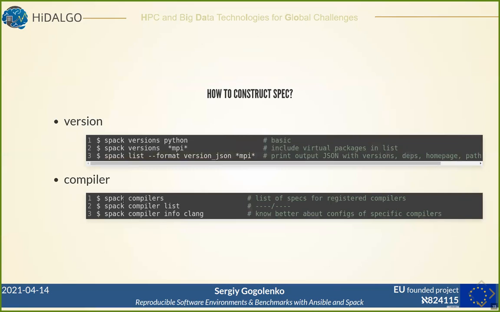With the compilers, here is how to get to know what compilers can be used. You can simply list available compilers with spack compilers, and you can get information about the compiler which you want to apply to some installation in Spack with spack compiler info, and here should stand a spec which corresponds to the compiler you are interested in.